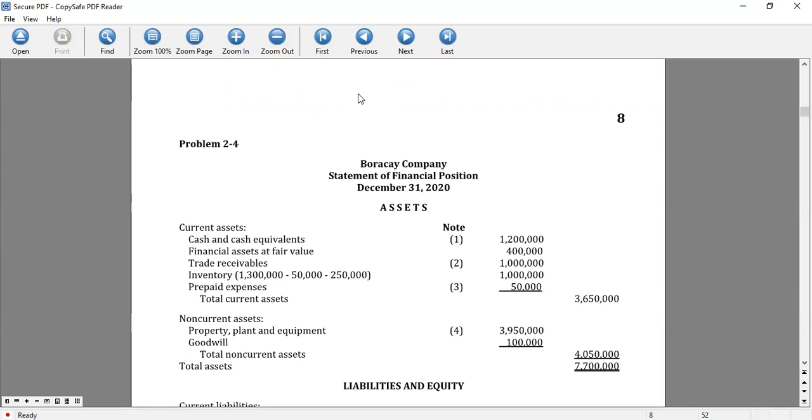Next, we add the inventory, the net amount of 1 million. Inventory is included 1.3 million, and then we deduct 50,000 and 250,000. Inventory account was found to include the cost of office supplies of 50,000 and the office equipment acquired at the end of 2020 at the cost of 250,000.